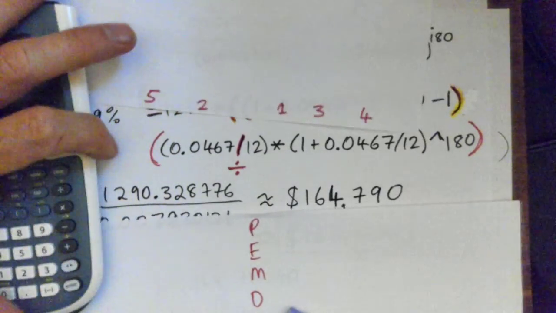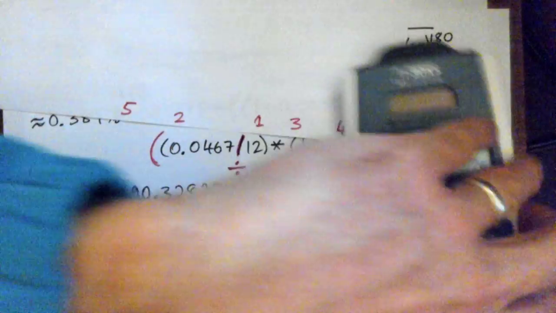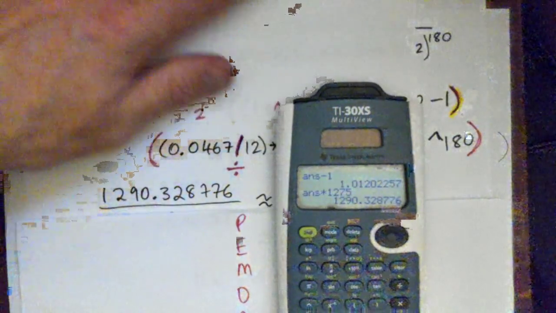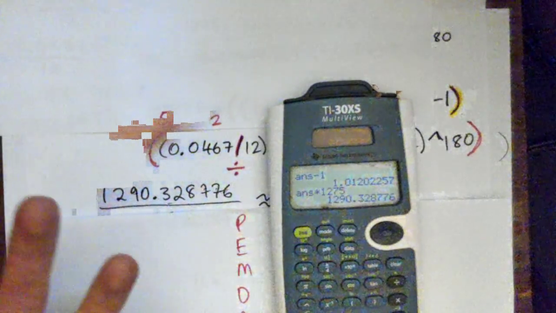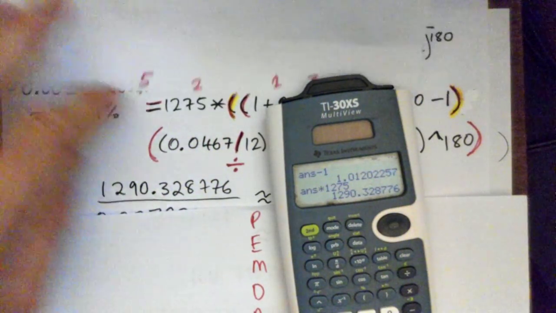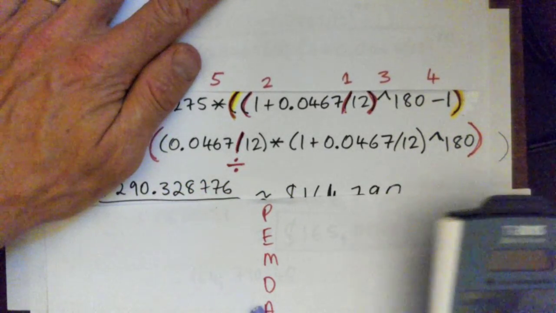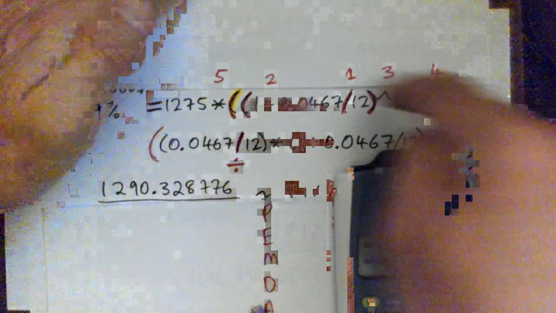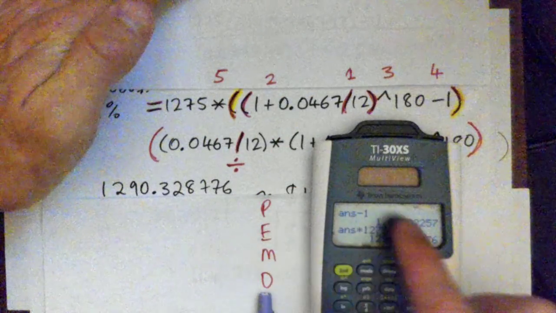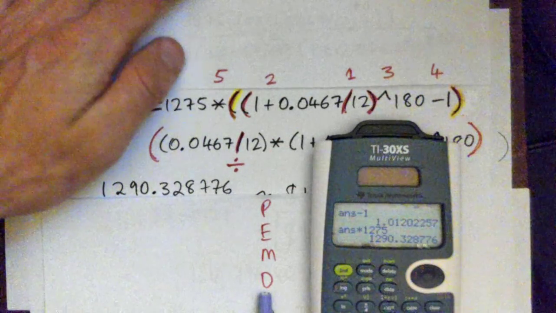Oh, look at that, 1290.32, see what I mean? So you can also do it step by step. That's another way. So there's actually three ways of doing it. You use your big long decimal, you put it divided by 12, you put it as one line, or you can just do it step by step yourself, like if you were to calculate this with PEMDAS, going step by step with order of operations yourself. So lots of ways of doing it.